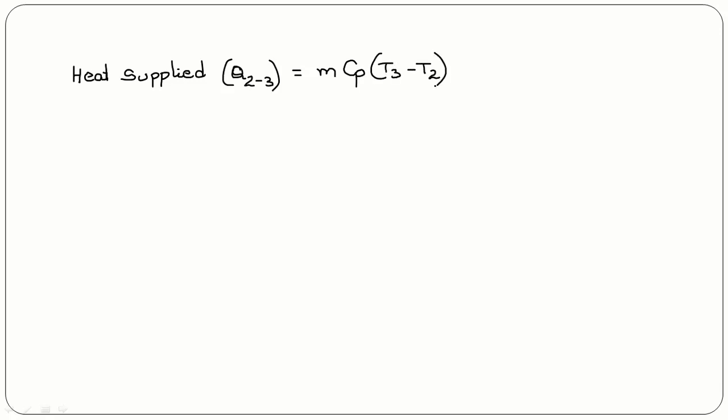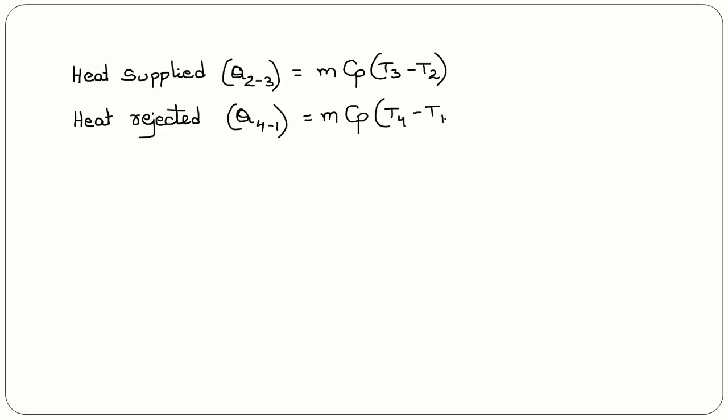So this is heat supplied. Then heat rejection also takes place during a constant pressure process, that is during process 4 to 1. So here this is mCp(T4 minus T1). This is heat rejected.